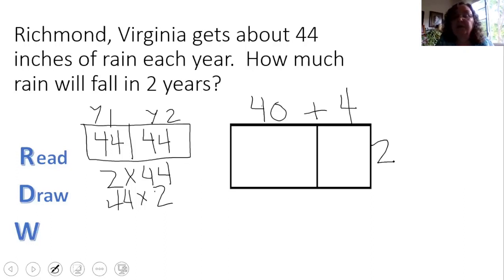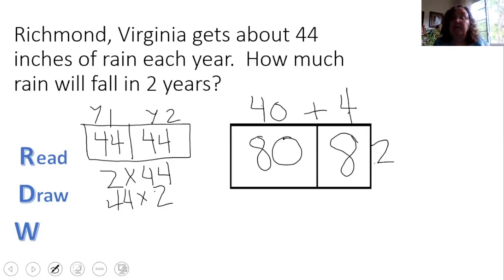Well, in this first box, I'm going to do 2 times 4 is 8. And 2 times 40, remember it's tens, so 2 groups of 4 tens would be 80.